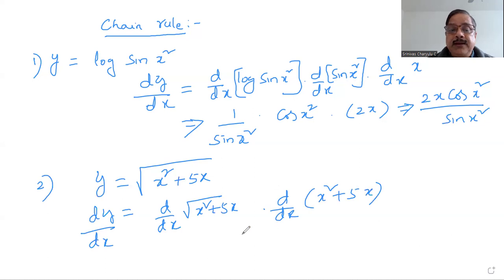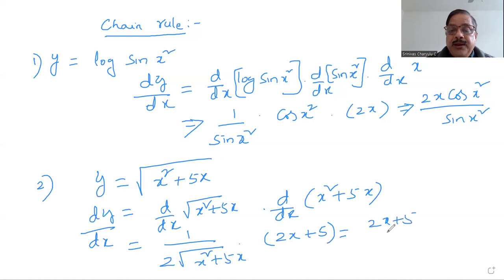X square plus 5x. So this becomes 1 over 2 root x square plus 5x, and d by dx of x square plus 5x is 2x plus 5. So here, 2x plus 5 divided by 2 root x square plus 5x.